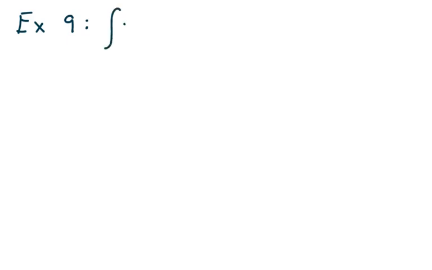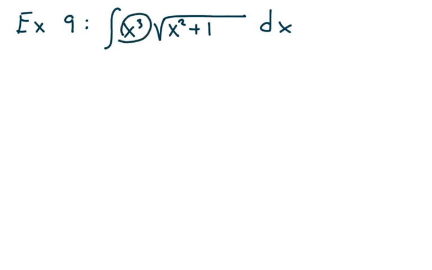So we're going to do the integral of x cubed times the square root of x squared plus 1 dx. Now, there's no immediate derivative, because yes, if I take the derivative of x cubed, I get 3x squared. The problem with that is it's inside the radical, so that's not going to do me any good.